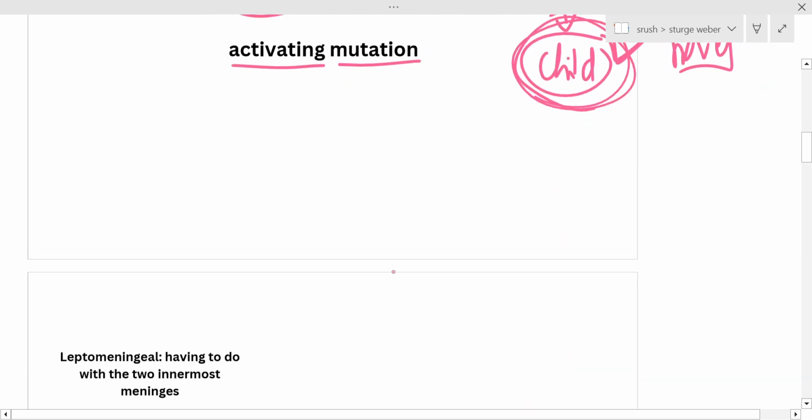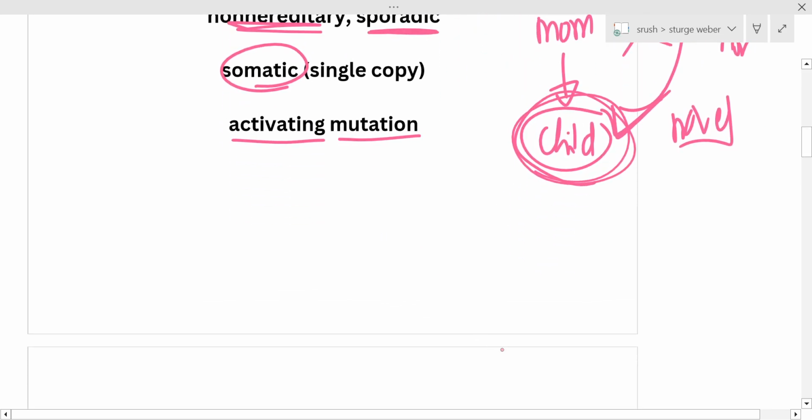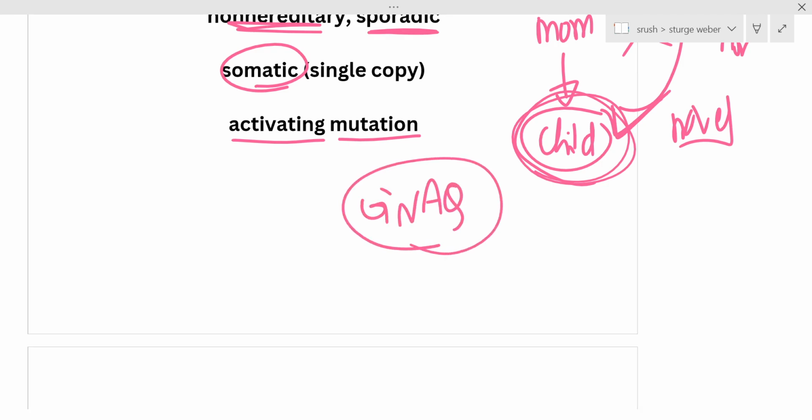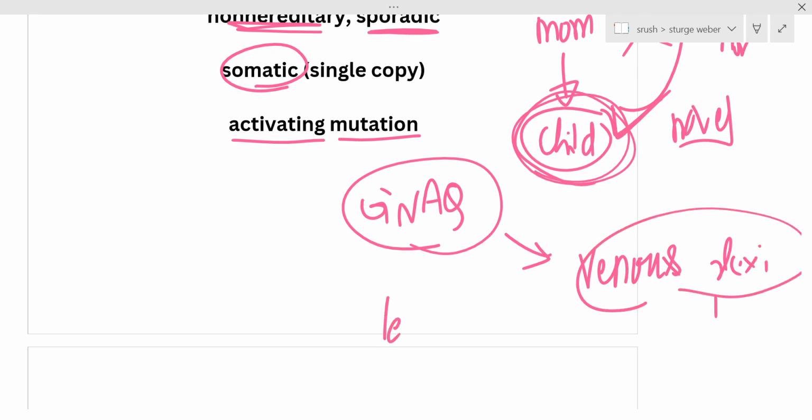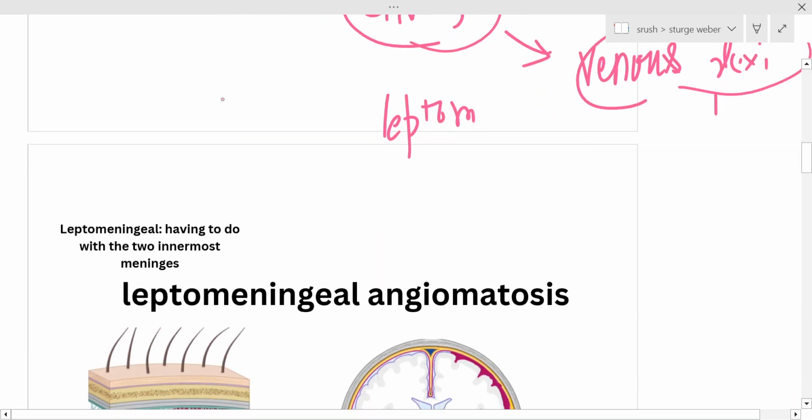Now, what you need to know about the GNAQ gene is that it is associated with development of venous plexuses, the plural of plexus being plexi, in the leptomeningeal region, right? Sorry about the spelling error. And what does leptomeningeal mean? It means having to do with the two innermost meninges.